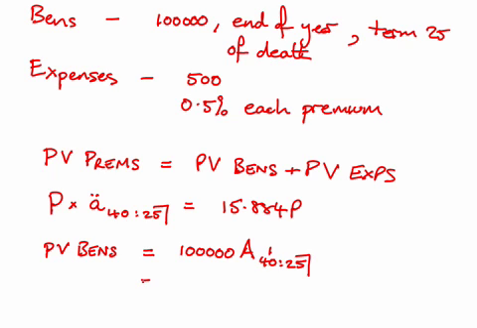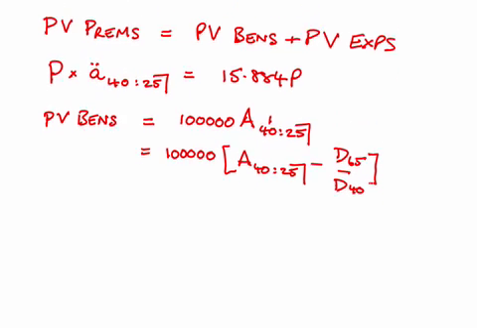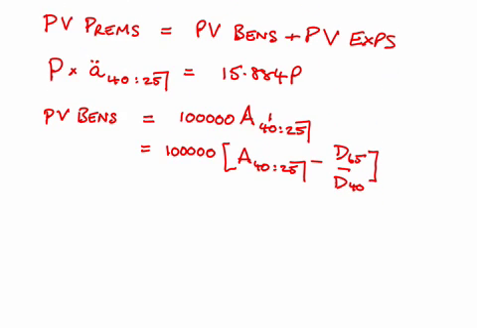And again, we calculate this by working out the endowment assurance from the tables and deducting from it the pure endowment part. So this is A 40:25 less D65 over D40. Substituting in the figures then, what we find is that the present value of the benefits is 5346.